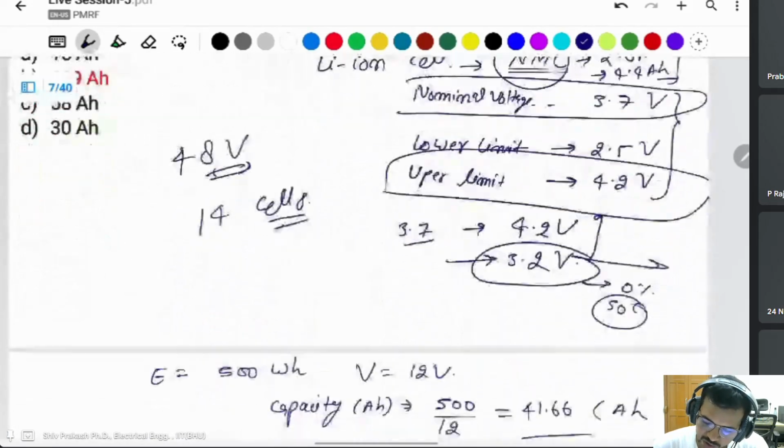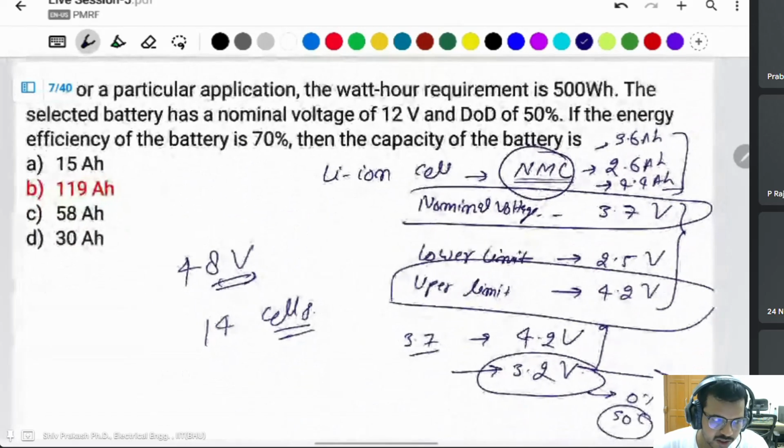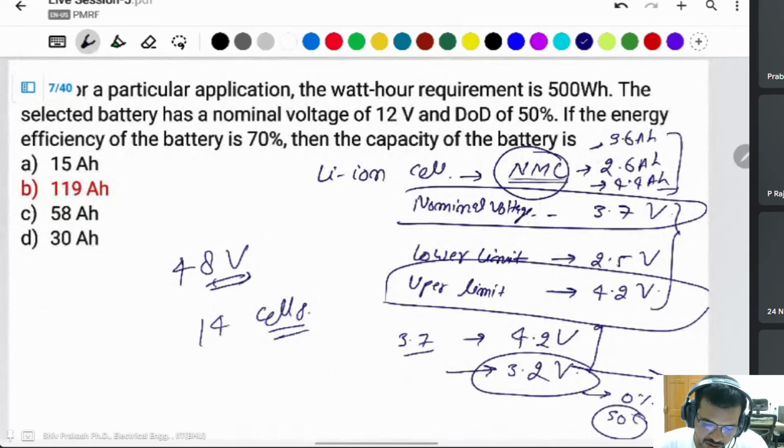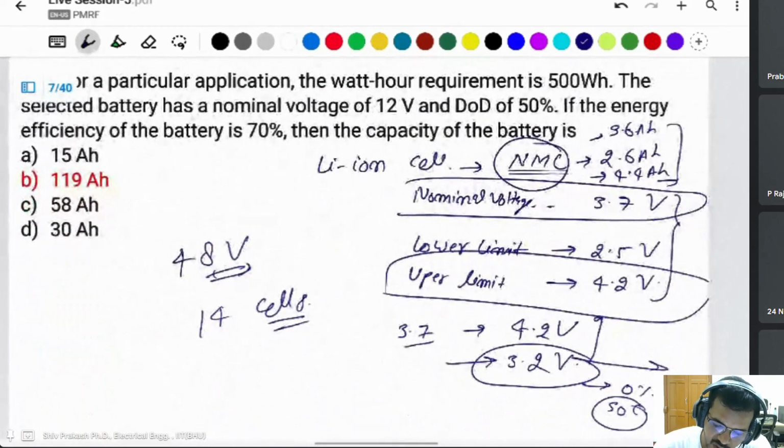It means 41.66 Ah is required. This is the load requirement. But he asks about the battery capacity. The battery parameters are given: a DOD of 50%, and the energy efficiency of the battery is 70%.